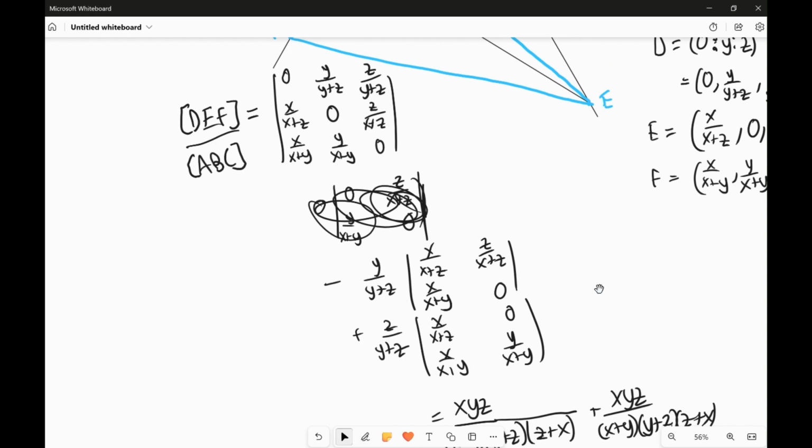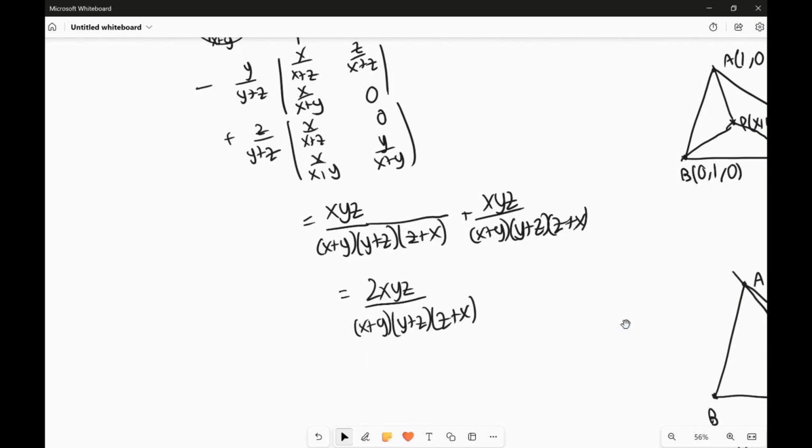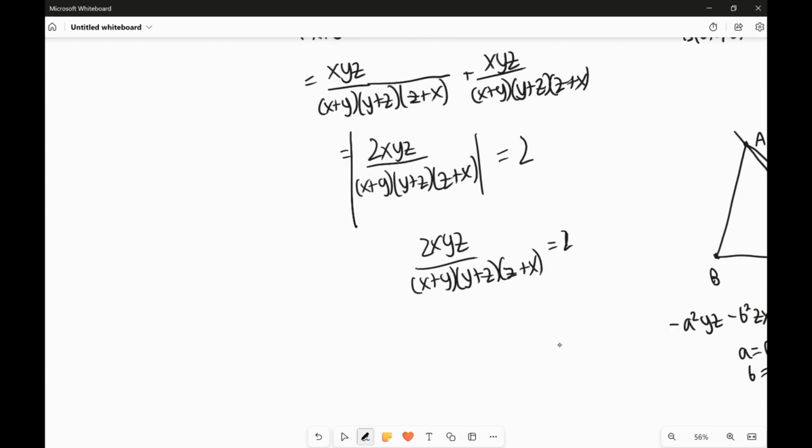I forgot to mention that to get the actual ratio, we need to take the absolute value. So we want to show this is equal to 2, that is, 2xyz over (x plus y)(y plus z)(z plus x) is equal to plus or minus 2. If we cross out the 2 from both sides, we get that xyz is equal to plus or minus (x plus y)(y plus z)(z plus x).